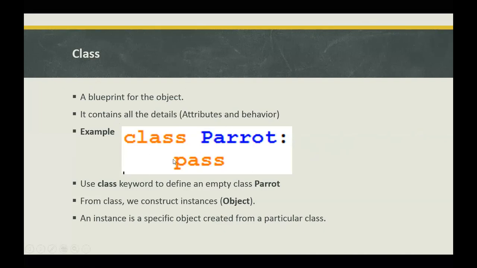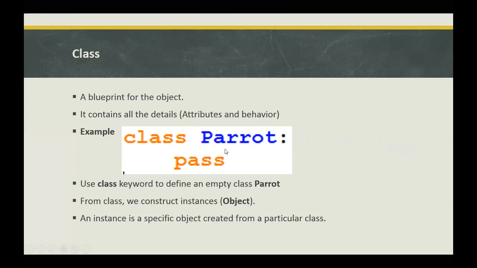Here is one example: class Parrot, and here we are not writing anything, that's for pass. So simply here we have created a class. By writing this, a class is created, but how can you use this class? By creating an instance, or an object. We use the class keyword to define an empty class.